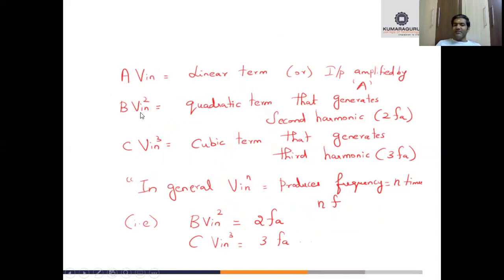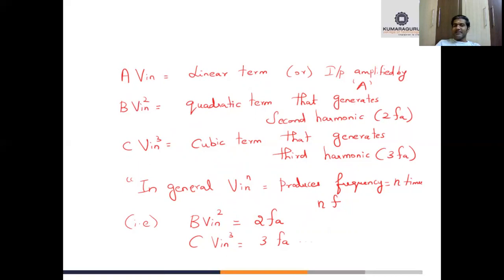Then you have V in the whole square, which is a quadratic term, and this term will generate a frequency equivalent to the second harmonic. Any sinusoidal signal can have a DC term, first harmonic, second harmonic, and so on.